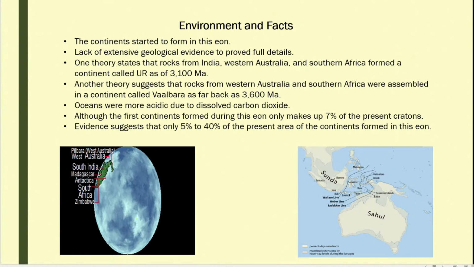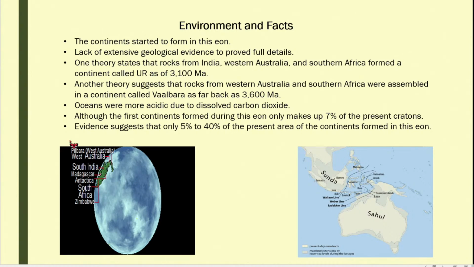So one theory states that the rocks from India, Western Australia, and Southern Africa formed a continent called Ur as of 3100 MA. Another theory suggests that rocks from Western Australia and Southern Africa were assembled in a continent called Vaalbara as far back as 3600 MA.